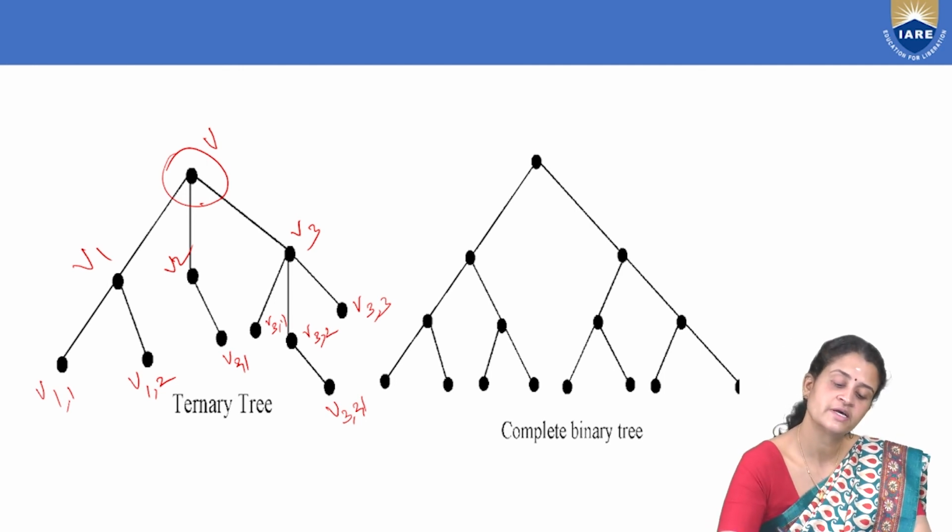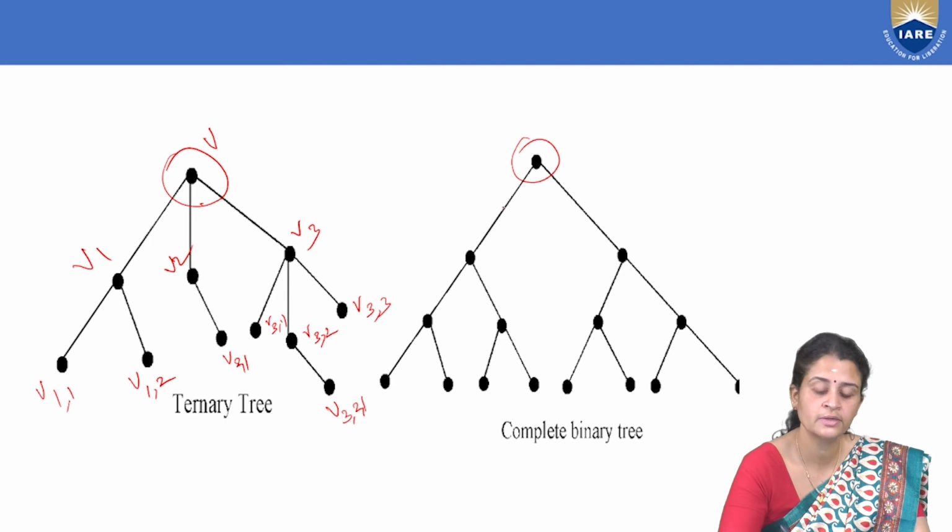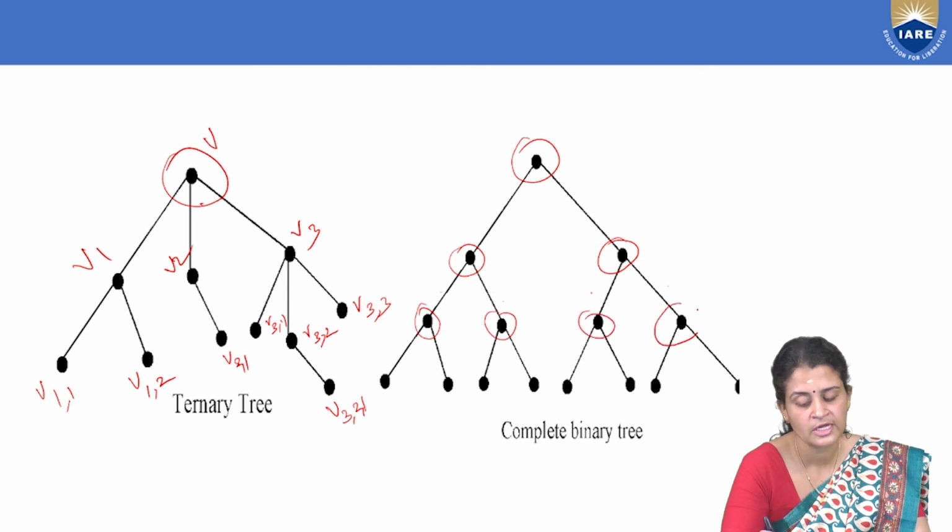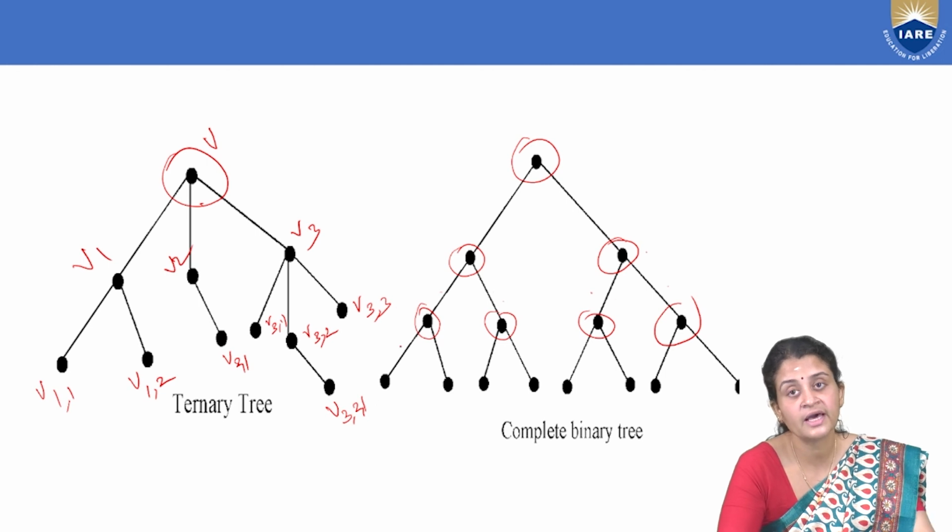Here look at this vertex. It has 2 children. From here also, these 2 children are having 2 children each: 1, 2, 1, 2. And again these 2 children are having these 4. If it is father, son, their grandchildren, then they again are having 2s.